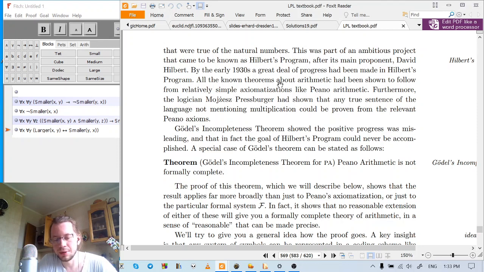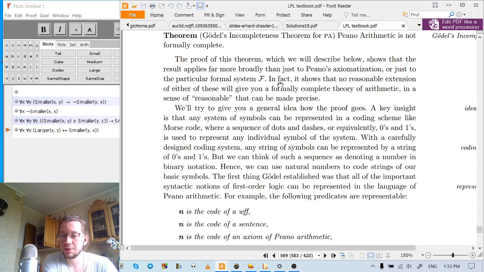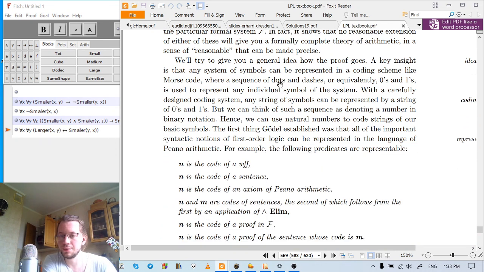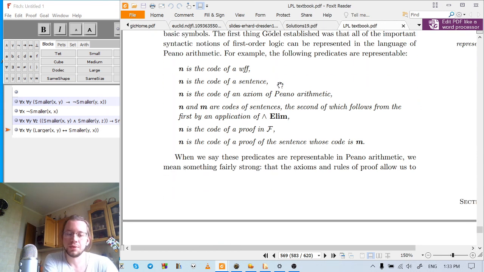The first thing Gödel established was that all of the important syntactic notions of first-order logic can be represented in the language of Peano arithmetic. Which are those important notions of first-order logic?